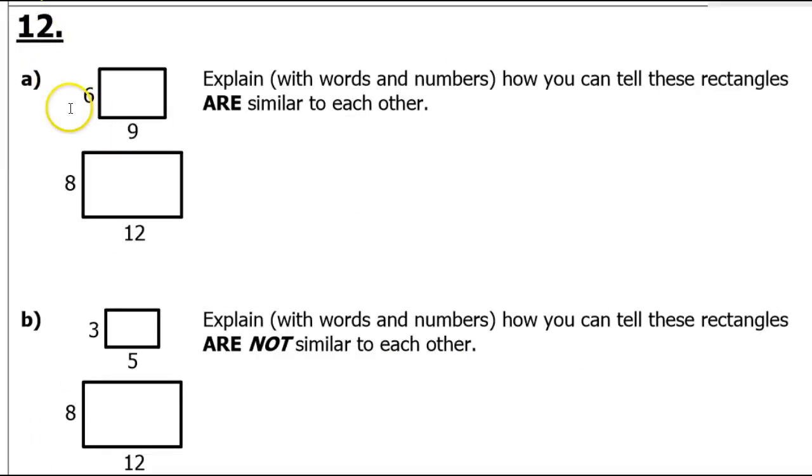All right, for number 12, part A, we're supposed to explain with words and numbers how you can tell that these triangles are similar to each other. Well, we know they are similar because we are being told they're similar. The only way that's going to happen is if the corresponding sides are proportional. So I'm going to go ahead and write down those words. They are similar because the corresponding sides are proportional.